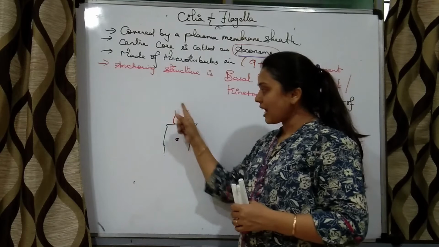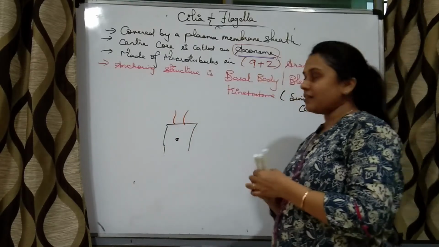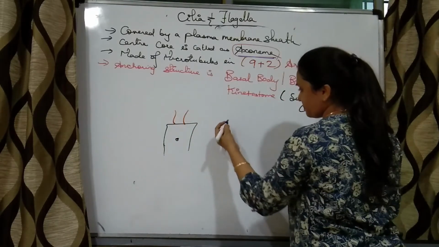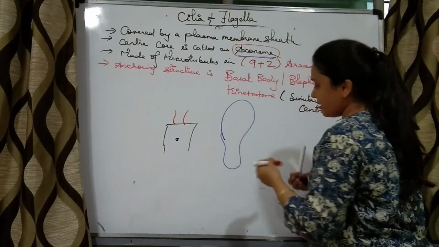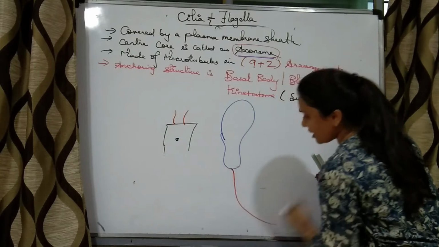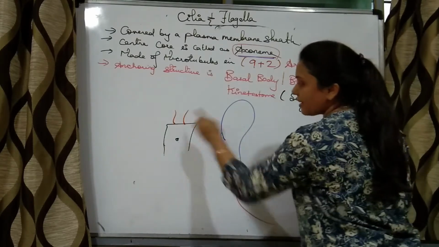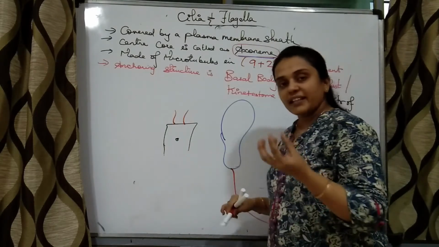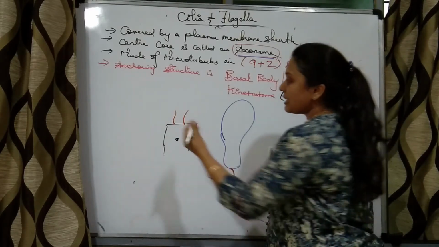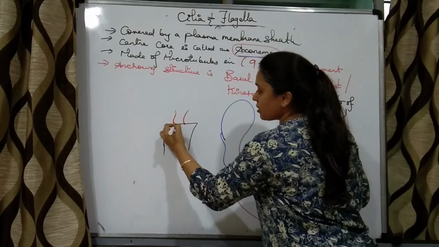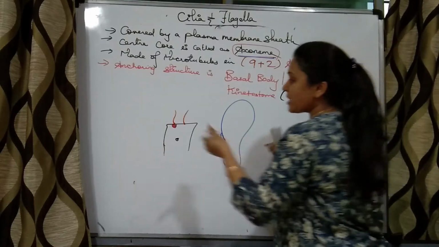So if a hair-like outgrowth is there on the cell, or say we are talking of another cell, and this is the flagella, then there should be some root which anchors it. That anchoring structure is called the basal body.